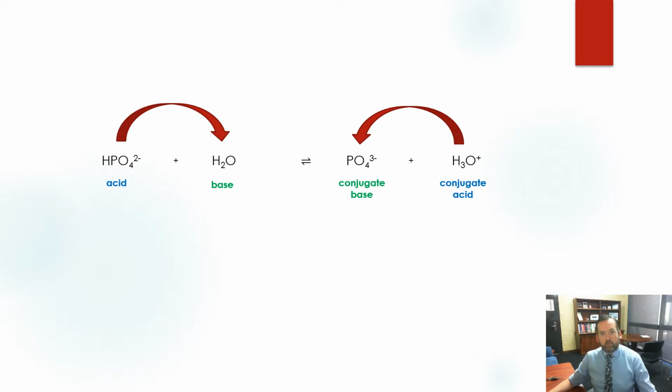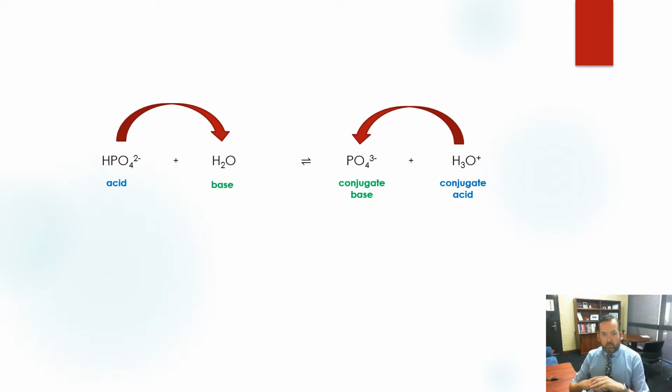So the acid loses a proton to turn into the conjugate base, the base gains a proton to turn into the conjugate acid. So if you're ever given a question where they ask you to match up an acid with its conjugate base or a base with its conjugate acid, there's only ever going to be one proton difference. So if you're adding extra atoms like chlorine and phosphate and different things, that's not going to be a pair.